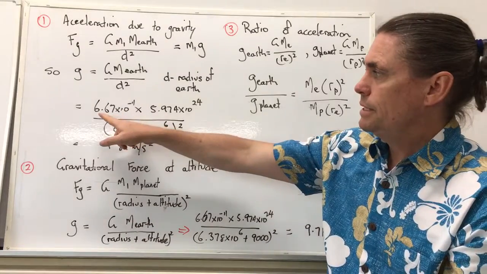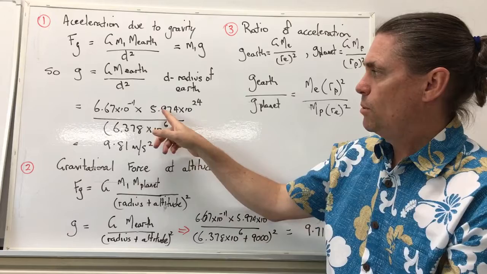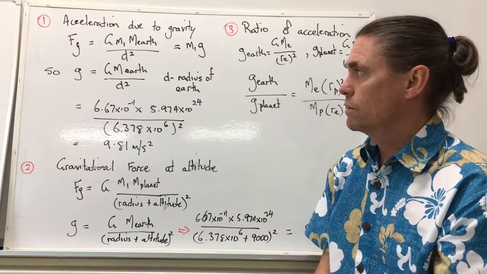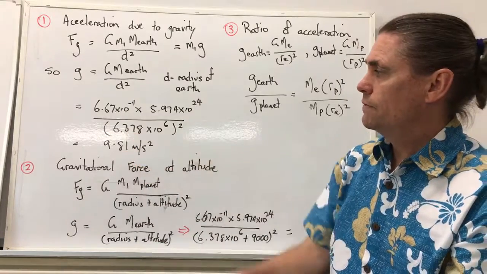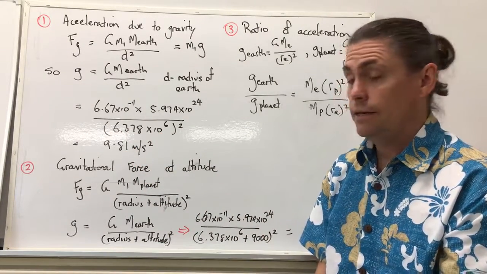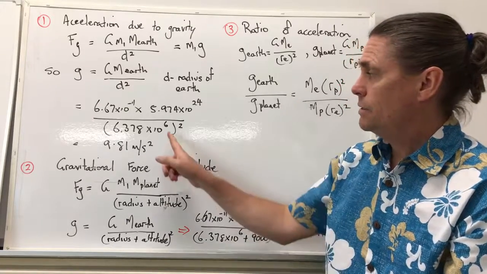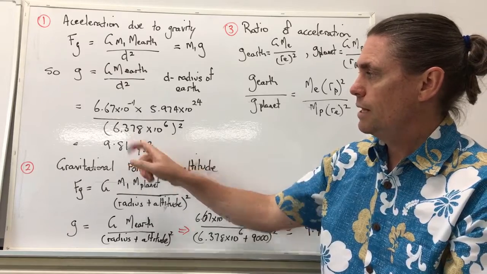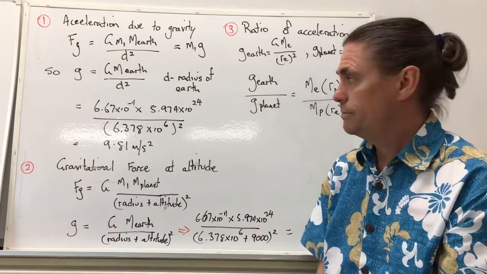So we plug the numbers in. We've got 6.67 by 10 to the minus 11 for our big G. We've got 5.974 by 10 to the 24th for the mass of the Earth in kilograms. We've got a radius of the Earth of 6.378 by 10 to the 6th meters. And this is where my 1 meter radius doesn't need to be counted because it's much smaller than this number here, so essentially this number hasn't changed.